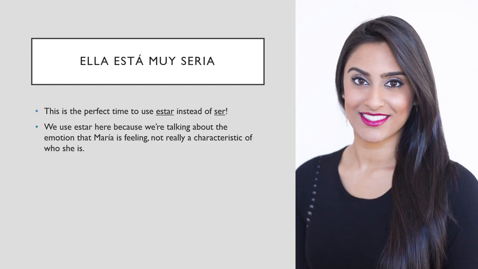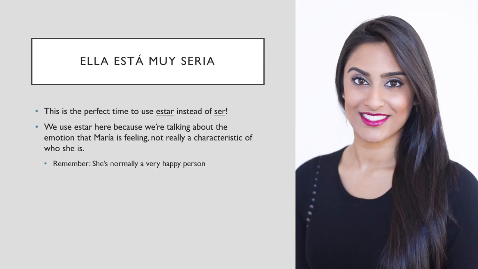We use estar here because we're talking about the emotion that Maria is feeling, not really a characteristic of who she is. Remember, she's normally a very happy person. Try to remember this serio, estar versus ser dichotomy. It helps me remember which one I should be using and when.